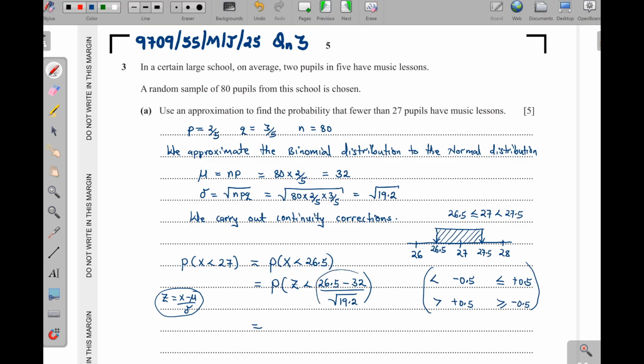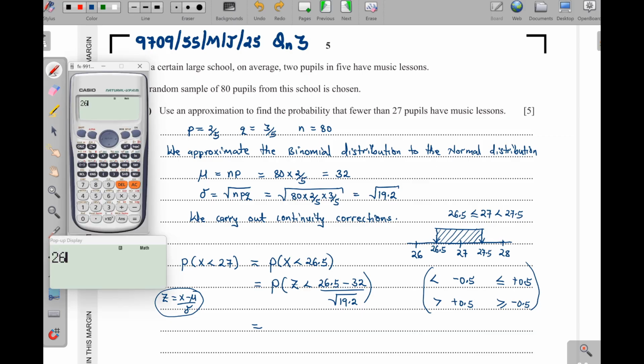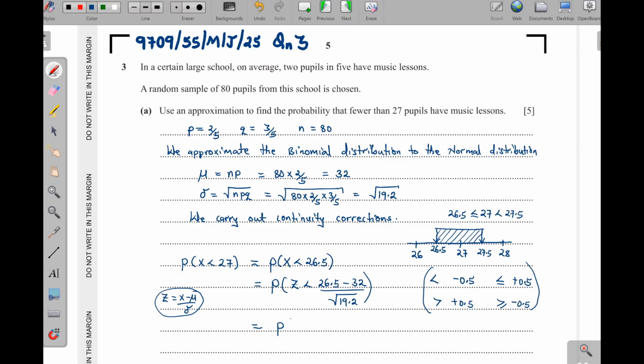You write your answer to 3 decimal places, then you can go to the table and look for it. But I'm going to do all of this on a calculator because we can get this straight away. 26.5 minus 32, we are getting negative 5.5. So it's probability of z less than negative 5.5 out of the square root of 19.2.